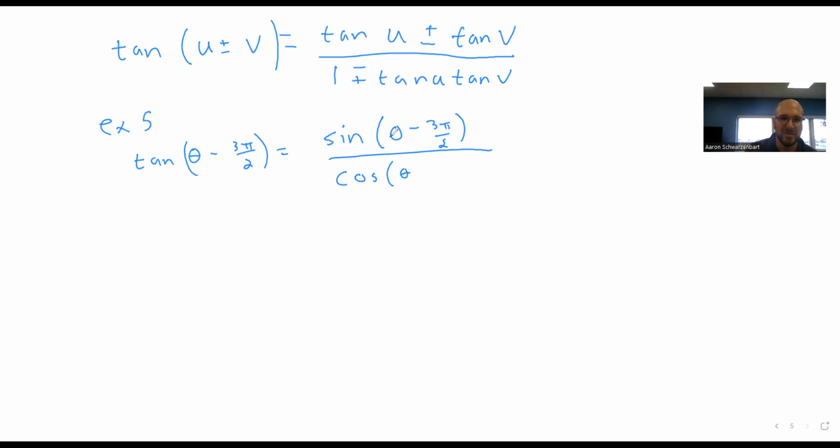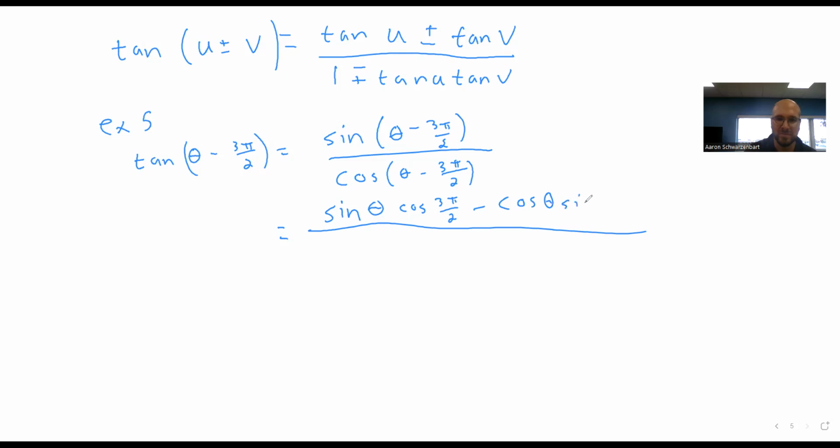Oh, these are all theta. So sine, I'm going to use the sum identity, or the difference identity, I guess. And then I'll use the difference identity on cosine.